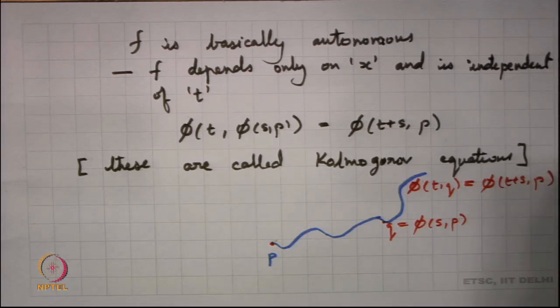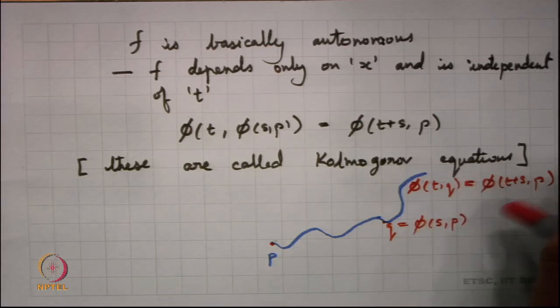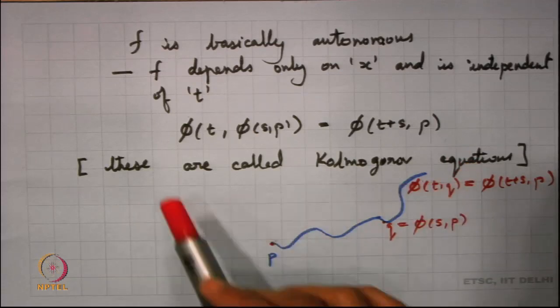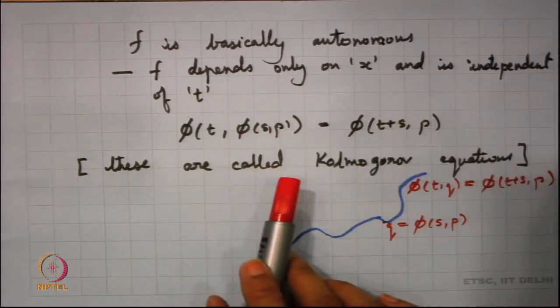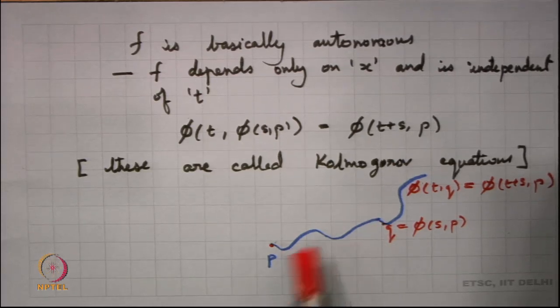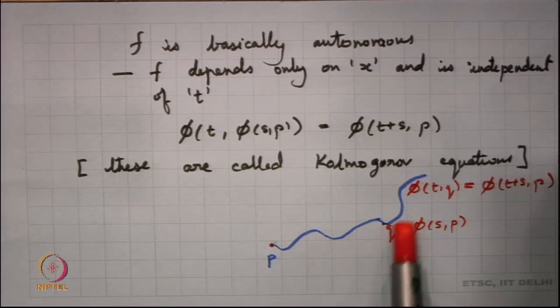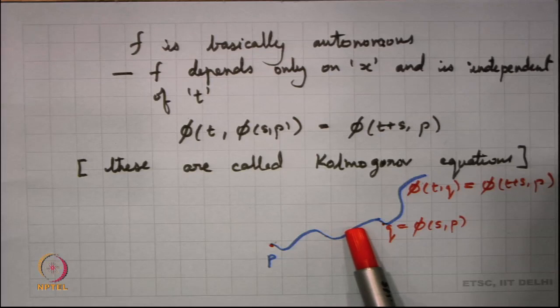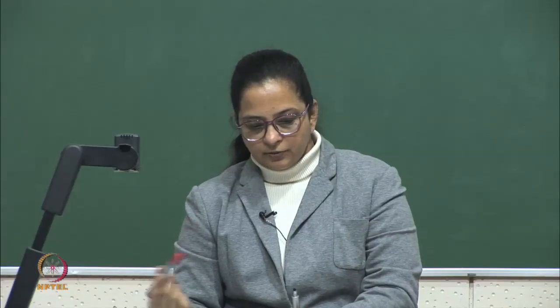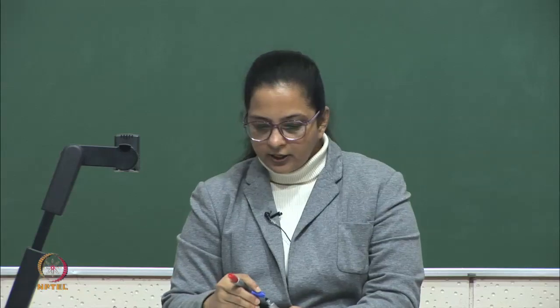So what we get here is the Kolmogorov identities, which says that this solution has to satisfy this identity. Irrespective of your starting point, after a given time t, your integral curve is following a definite path. So the solution of the dynamical system, or of the differential equation, satisfies the same path moving across.